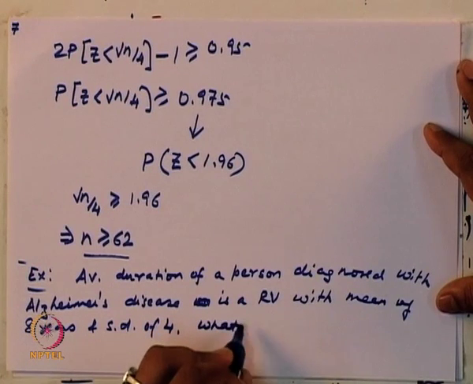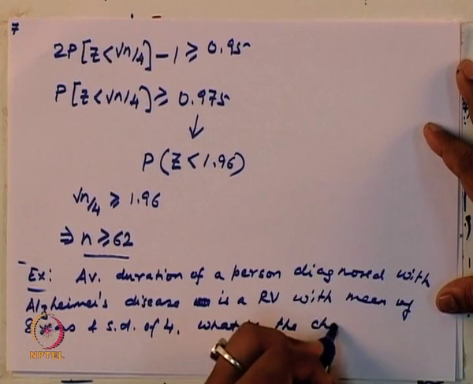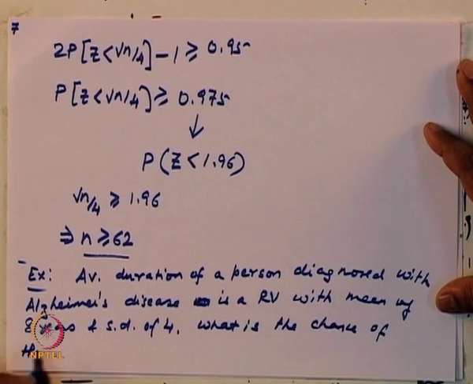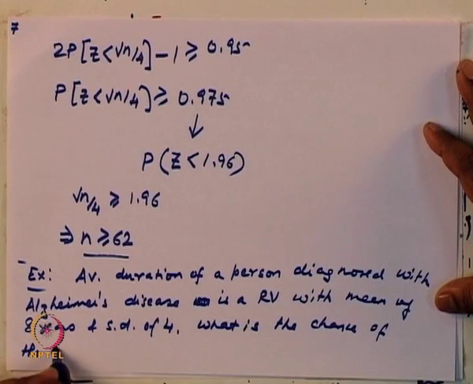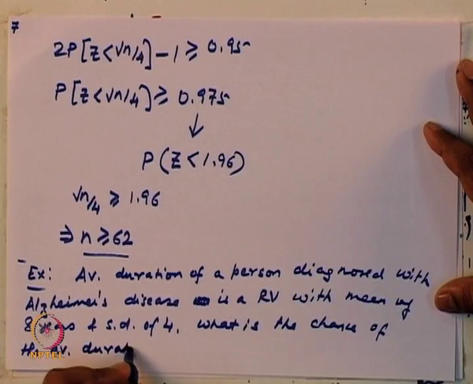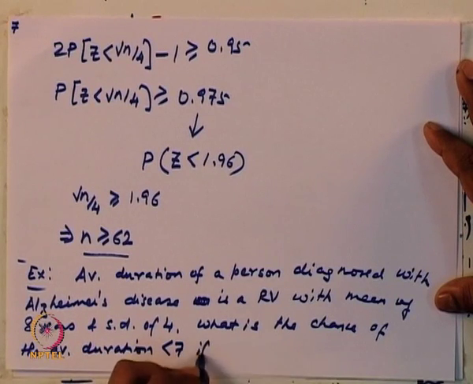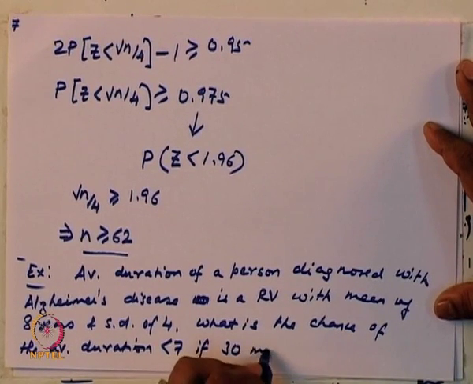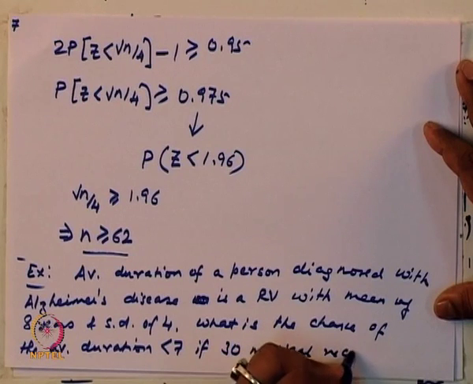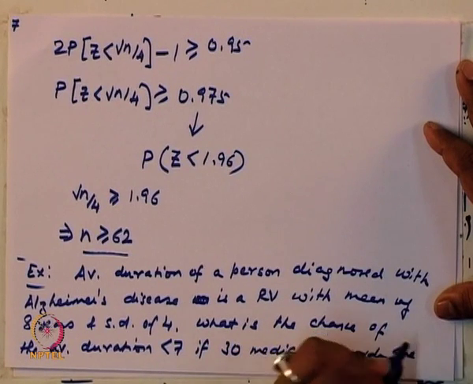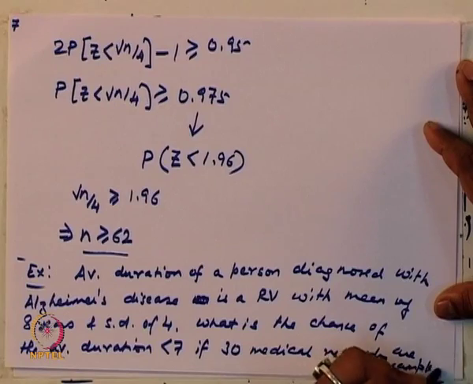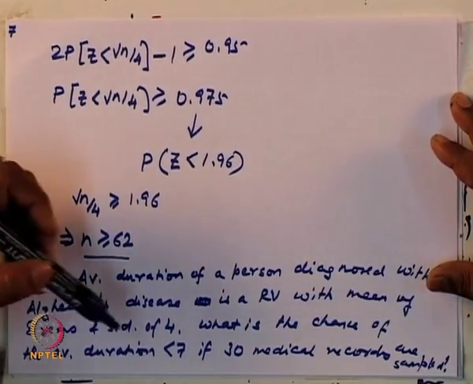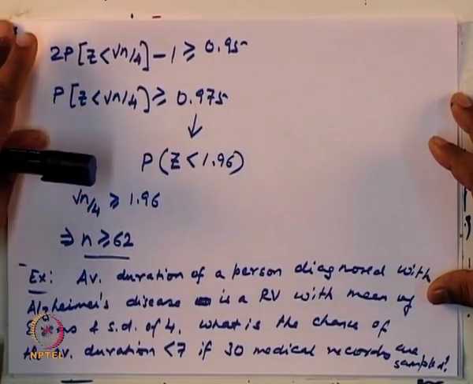What is the chance of the average duration being less than 7 if 30 medical records are sampled? So, if you sample 30 medical records, what is the chance that the average duration will be less than 7?